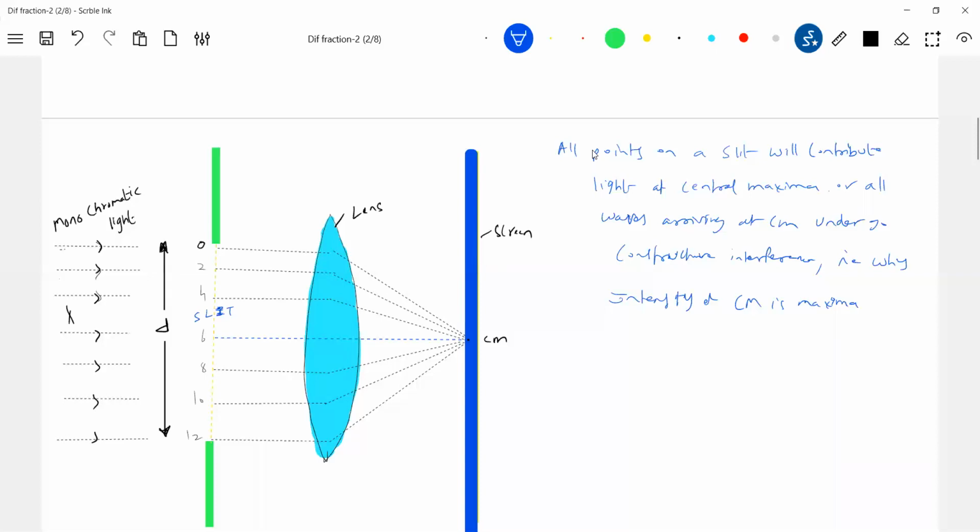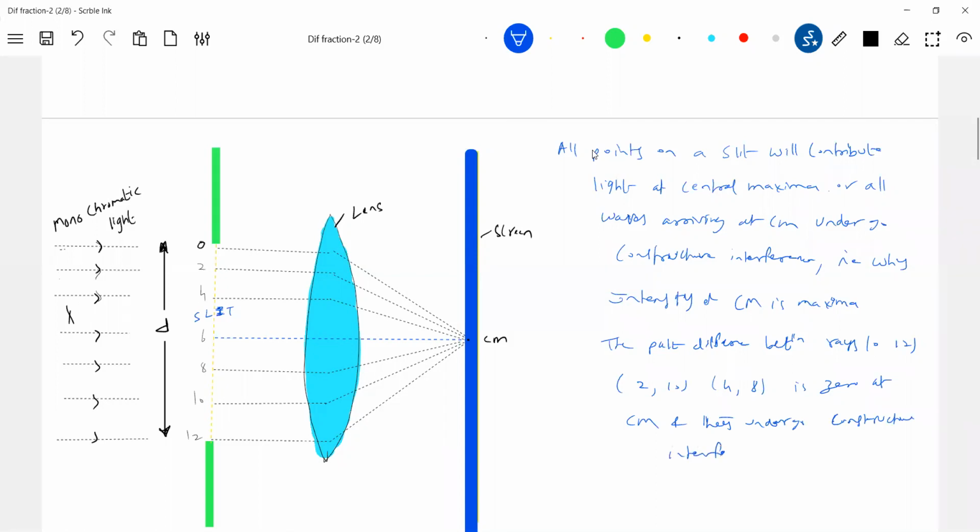So how does constructive interference happen? The path difference between the rays is 0 at the central maxima, and they undergo constructive interference.